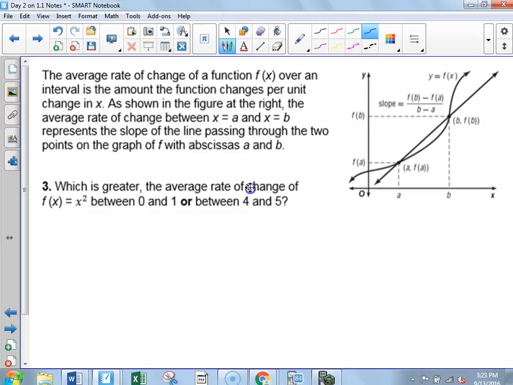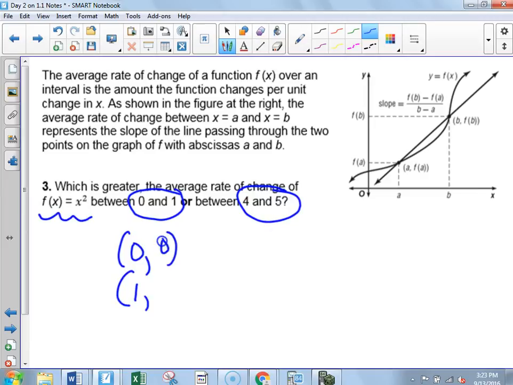Which is greater, the average rate of change between 0 and 1 or between 4 and 5 on this function? If I put in a 0, I square it, I get out a 0. I put in a 1, I square it, I get out a 1. The slope or rate of change between those is 1. 1 minus 0 over 1 minus 0.